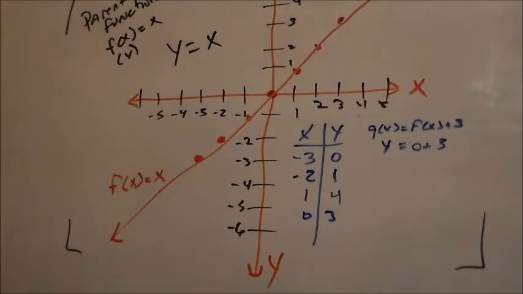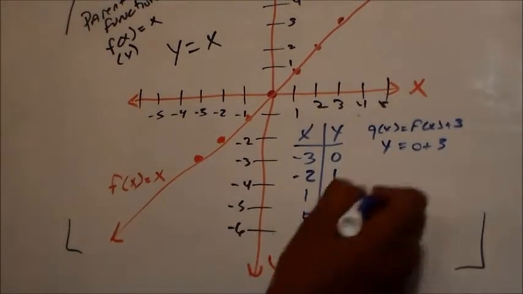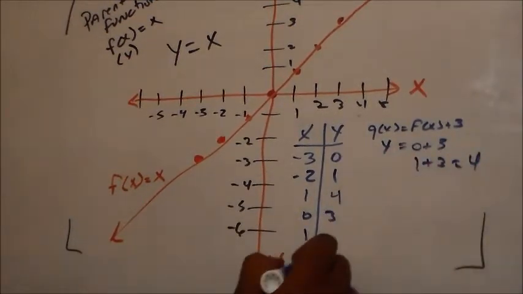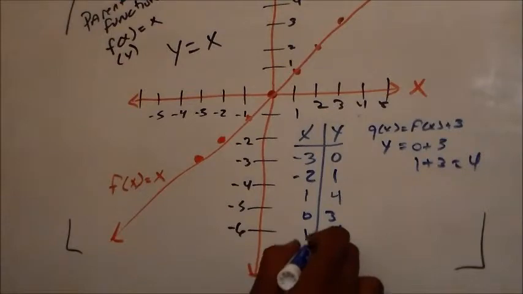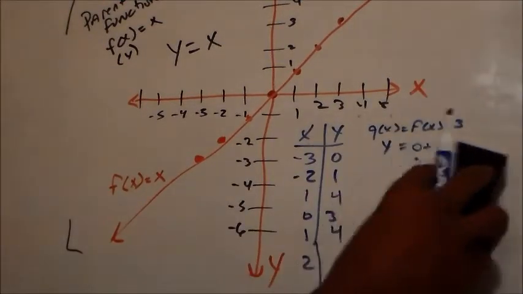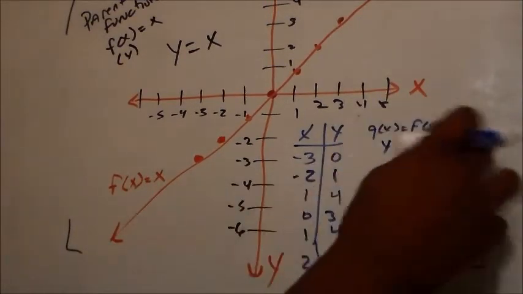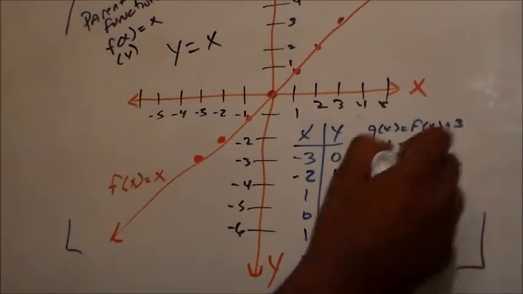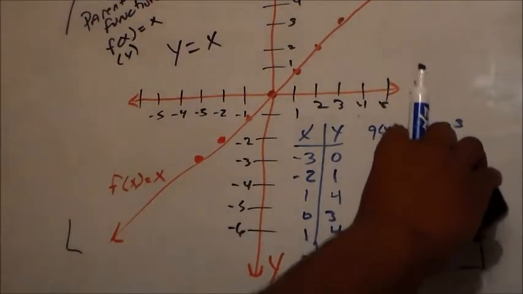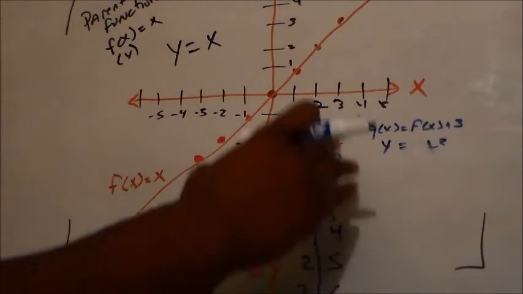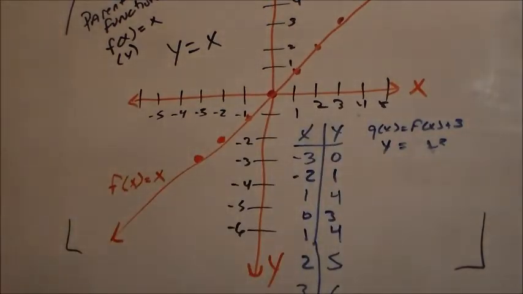And 1 plus 3 equals 4. We put in a 2, bringing our table down, and I can just do this in my head. 2 plus 3 is 5, and 3 would be 6. So this is our g of x function.